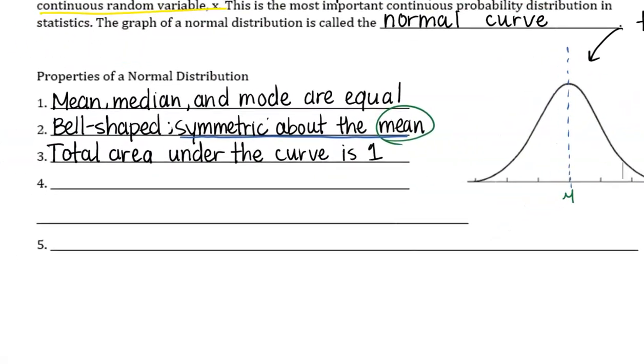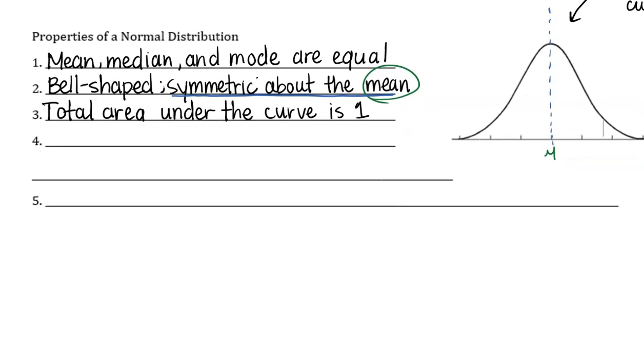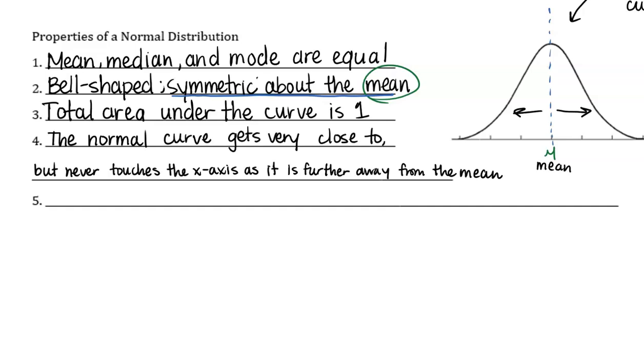And if you're familiar with other math courses like maybe pre-calc or calculus, the idea of asymptotes has the same thing going on there. It's getting very close to the x-axis but never touching it as it gets further and further away from the mean.